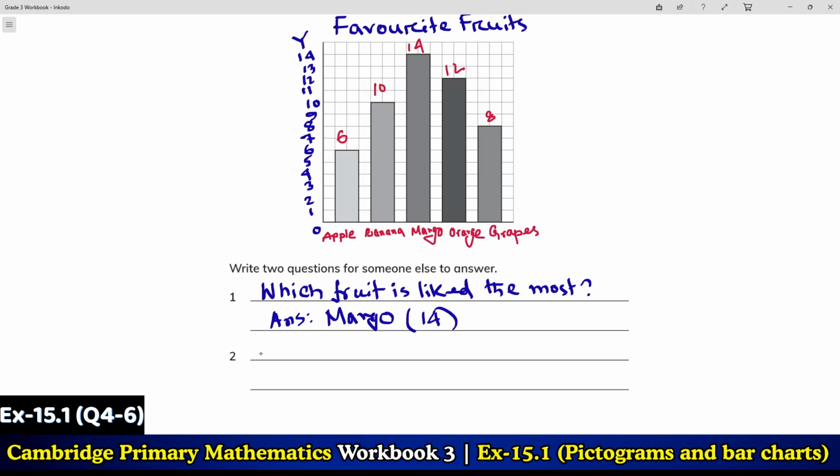Another one, how many people like banana and grapes together?